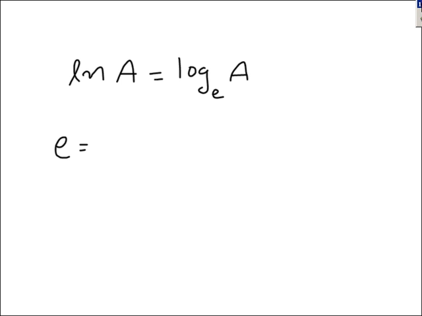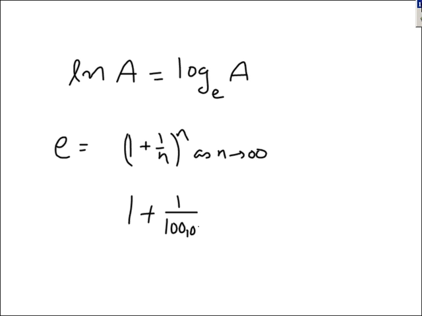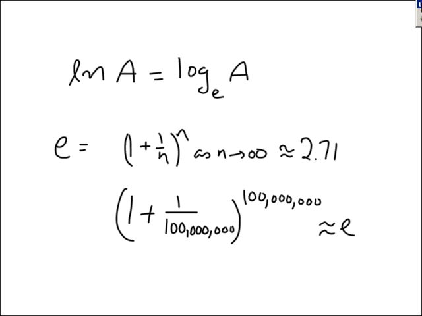E is equal to 1 plus 1 over n, to the n, as n goes to infinity. If you take 1 plus 1 over a very, very large number, 100 million, and you raise this to that same large number, 100 million, you would get approximately E, which is approximately 2.718.